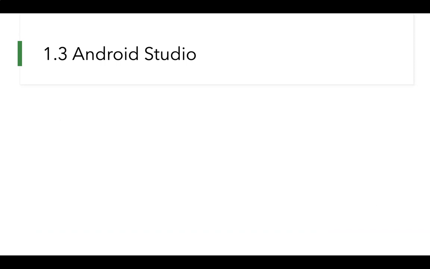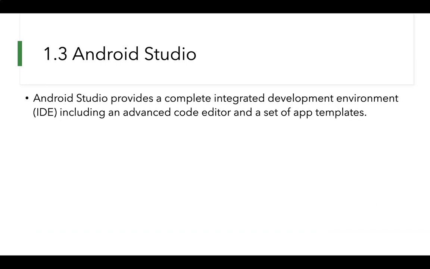Android Studio. Android Studio provides a complete integrated development environment or IDE, including an advanced code editor and a set of app templates. And in this course, there is no need to install any other IDEs like IntelliJ or Eclipse, because we will use Android Studio as our main IDE in developing and writing test automation scripts using Espresso.